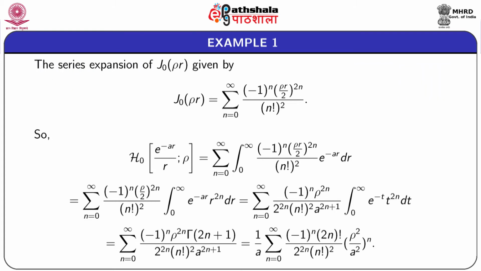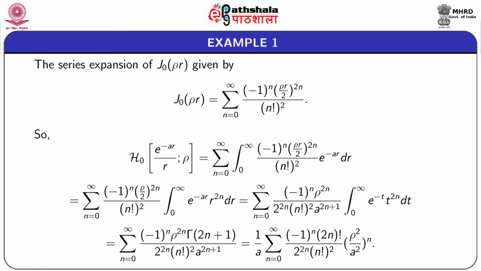Now, here to evaluate this integral we shall use the series expansion for J0(rho r), which is given by summation n equal to 0 to infinity (minus 1) to the power n (rho r by 2) to the power twice n divided by (n factorial) whole square.